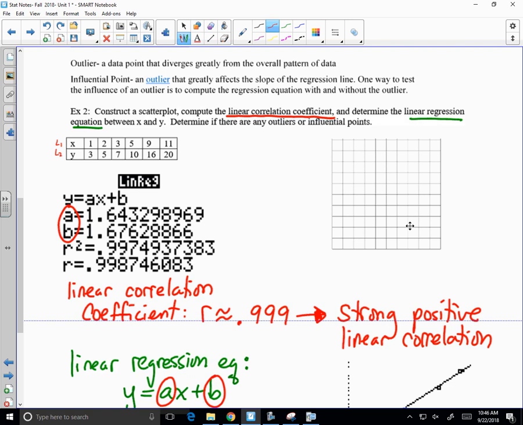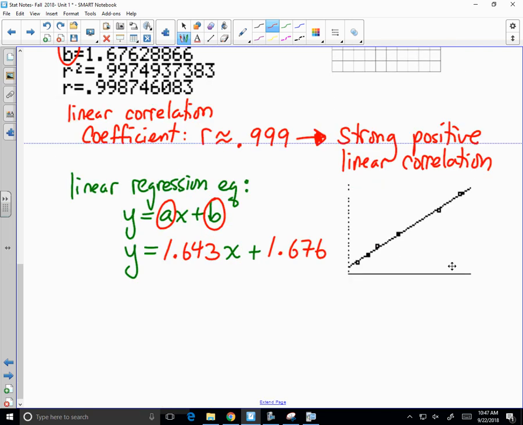An outlier, we talked about that for a raw set of data, a single data set, but not when it compares two different data sets. An outlier is a point that diverges greatly from the overall pattern of the data. So if you have a nice graph, it's pretty easy to see any outliers that might exist. Okay? You're looking for a point that's not consistent with the other points. So I look at that display on my calculator.